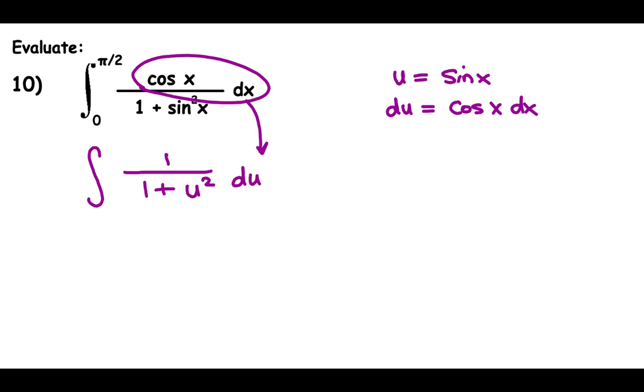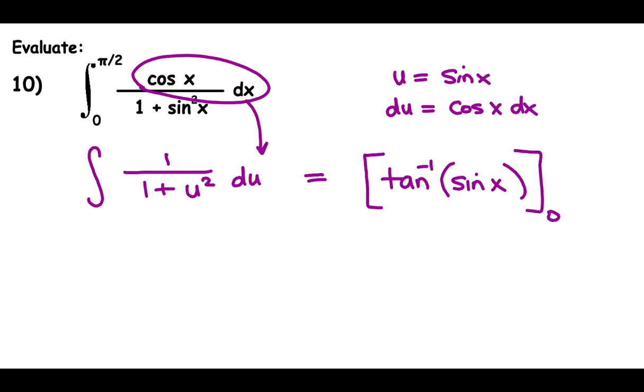And oh my gosh, I recognize that as the arctan. That's the arctan of u. Of course, I don't want to put a u in the answer. U is sine of x. And we're taking this whole deal from 0 to pi over 2. I can see the light at the end of the tunnel. We just have to be patient.